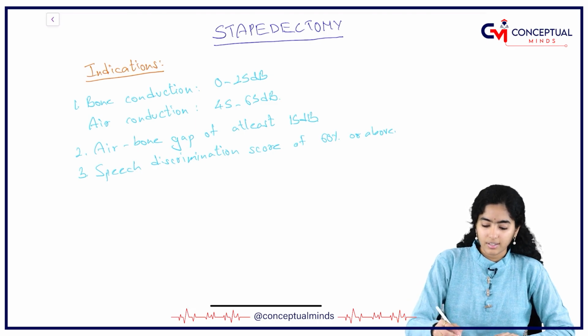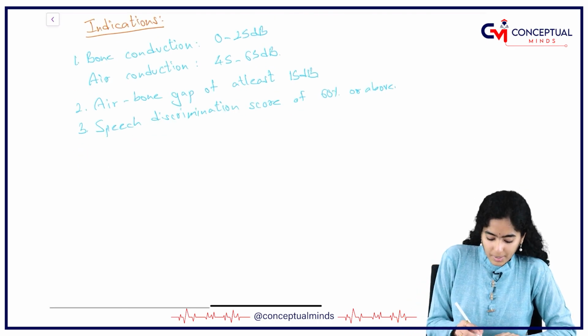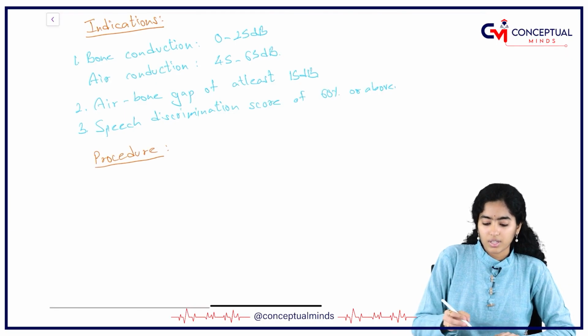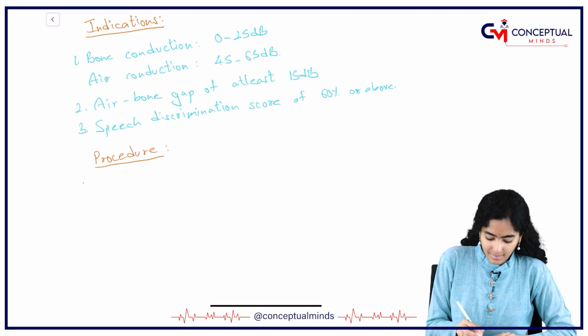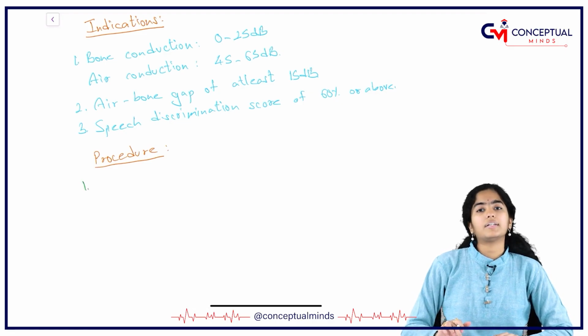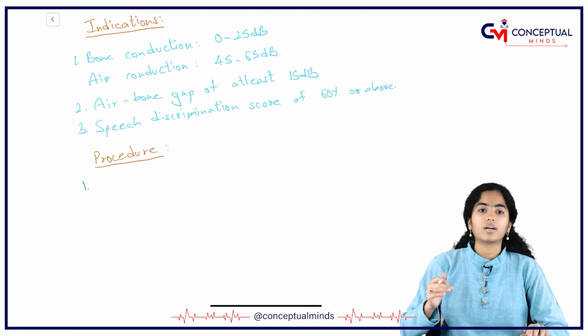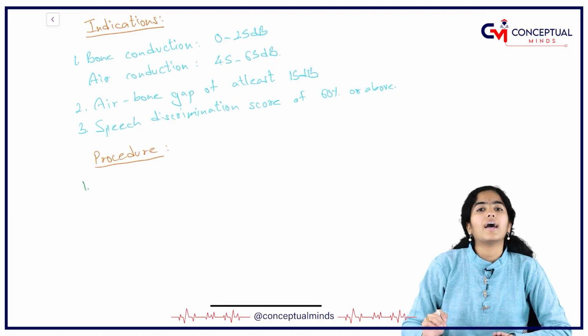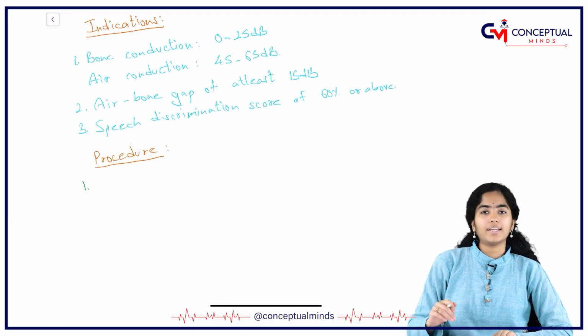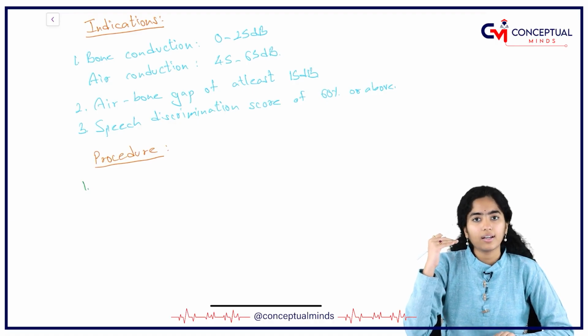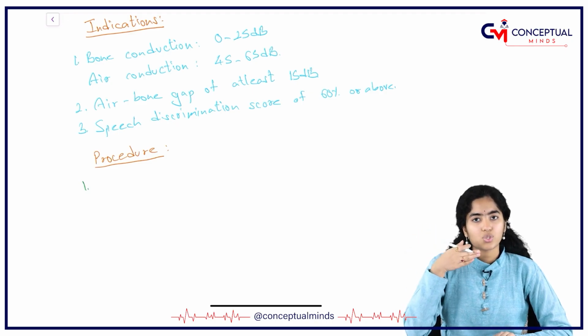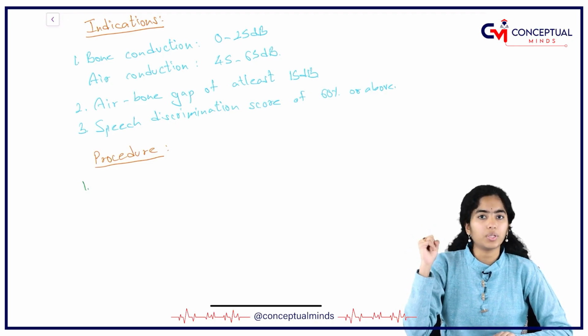Now let us see the procedure of stapedectomy. What exactly is done in stapedectomy? The first step is you will create a tympanomeatal flap, that is, an incision is given in the external auditory canal and the tympanic membrane is also elevated and we go into the middle ear.